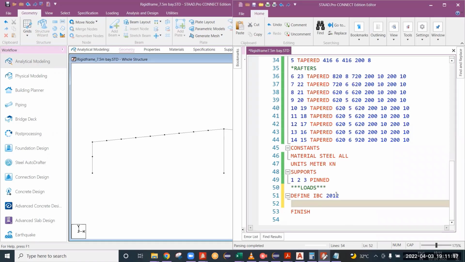After defining IBC, we have to give the seismic parameters. Seismic parameters means what we have seen last time, right? SS, S1, and R, and soil class, and long time period. All of you have revised all these things.